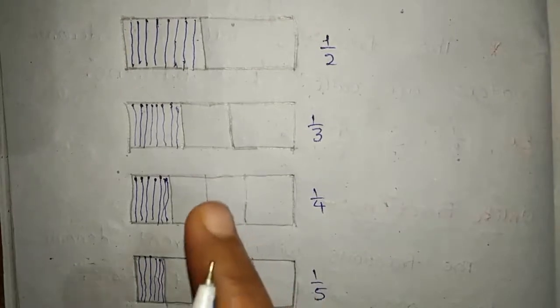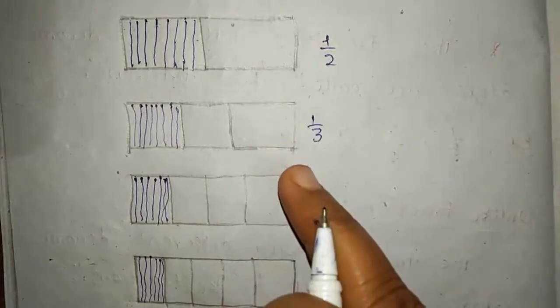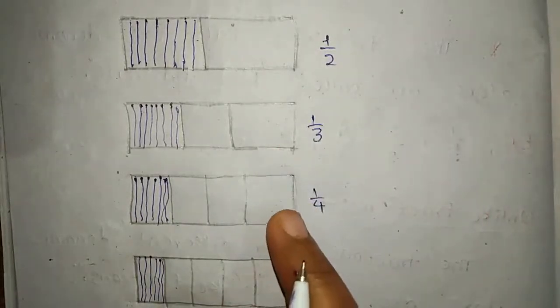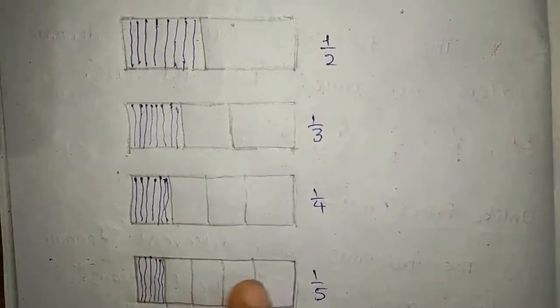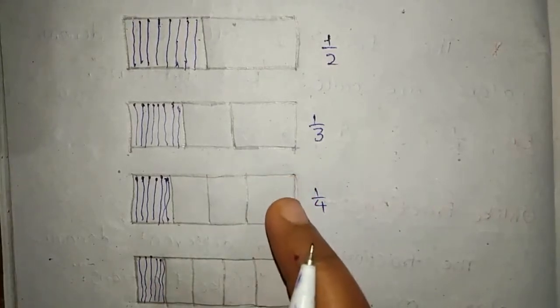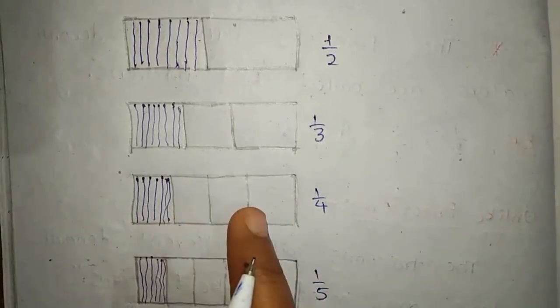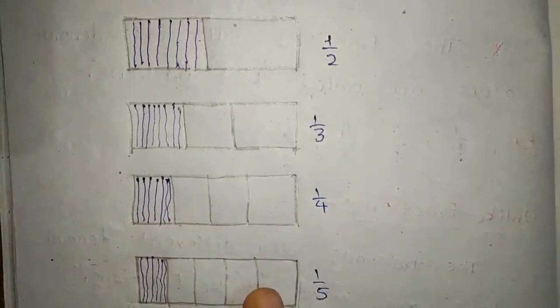So when the rectangle is divided into more equal parts, then the size of each part is reduced.